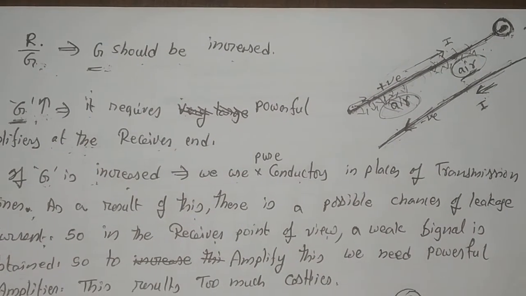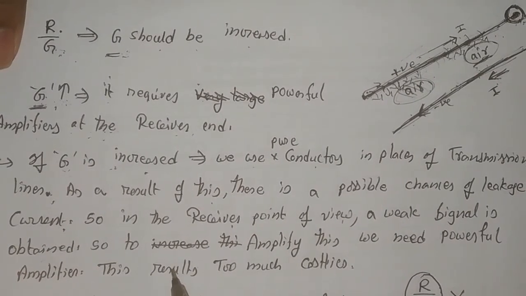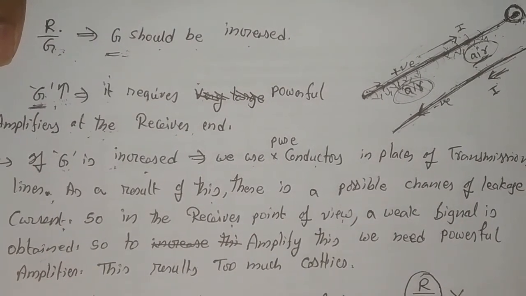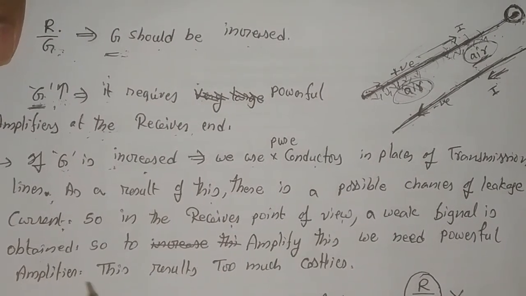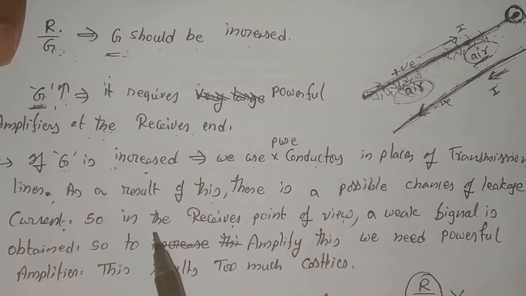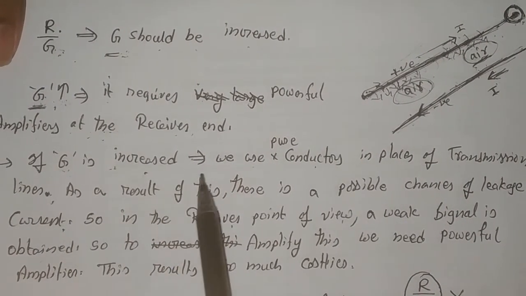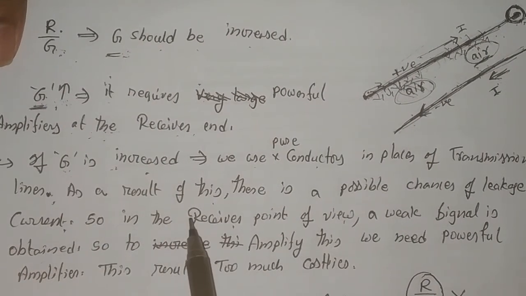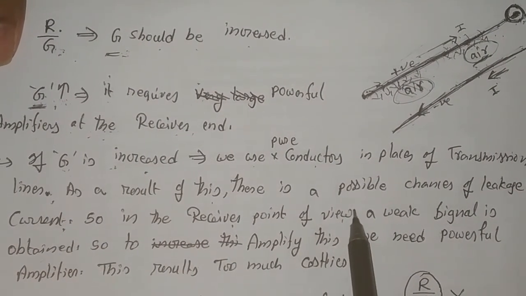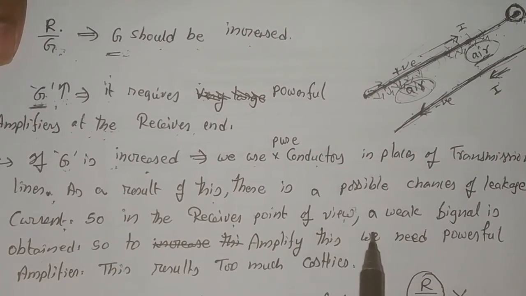For example, let us assume the power stations are interested to deliver a large amount of power to household applications. If the transmission lines are pure conductors, then during the length of the transmission, there is a possibility of such power leaking into the dielectric medium.